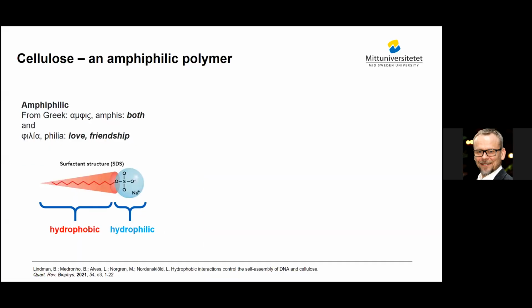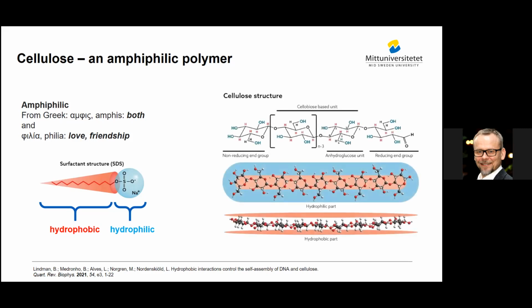And actually, from a lot of research, both old, but especially now from 2010 and beyond, there has been a lot of work looking at cellulose and seeing that cellulose is also an amphiphilic polymer. So that is stated now, even though it's not as outspoken as a surfactant with a tail and a head group, it has properties that make it amphiphilic.